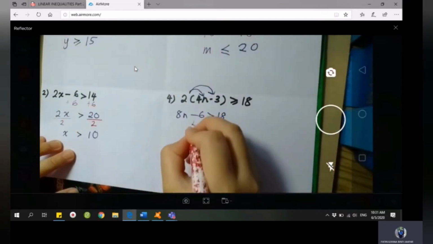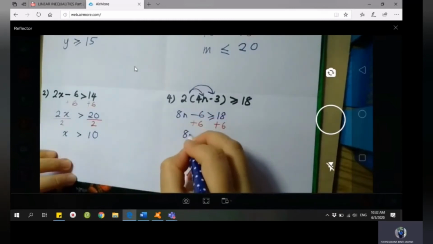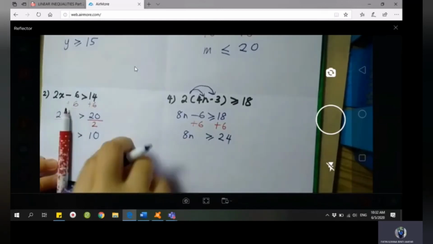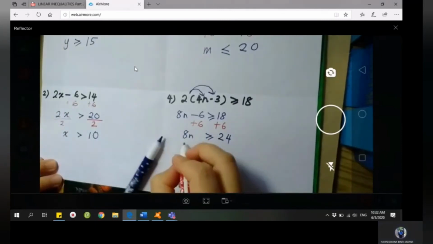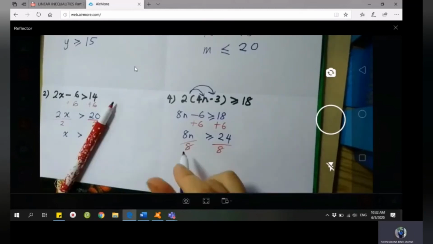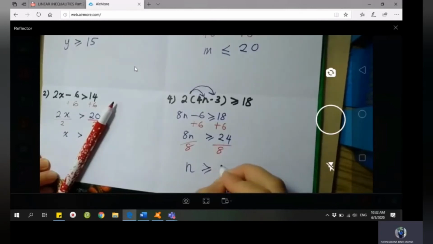So plus 6 here, plus 6, we will get 8n is more than 24. Okay, and then get rid of 8. We will get divide by a positive number, so the sign will just stay. Okay, and 24 divided by 8 gets 3.